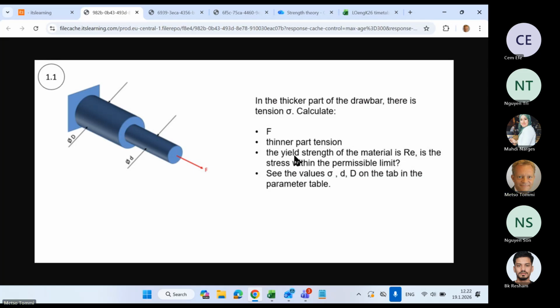And after that, we have to check that the yield strength is not exceeded. So you can't exceed the yield strength at all. And then if it's not exceeded, the stress is in permissible limit. And as earlier, these values you can find from the parameter table. Okay, this is the first one.